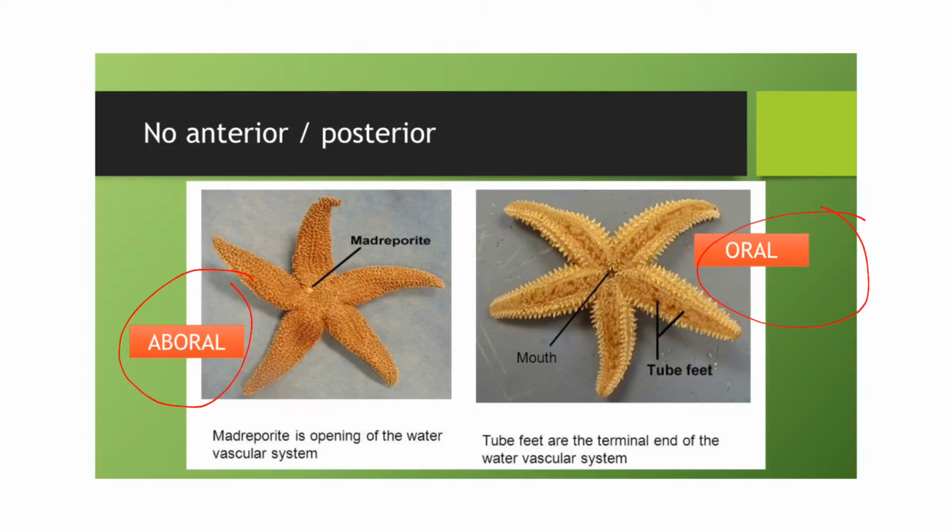Aboral is the top side of the body, where the madreporoid is. The madreporoid is the opening of the water vascular system, and the oral surface is the bottom side of the body, where the mouth is, and so the tube feet, which is the terminal end of the water vascular system.